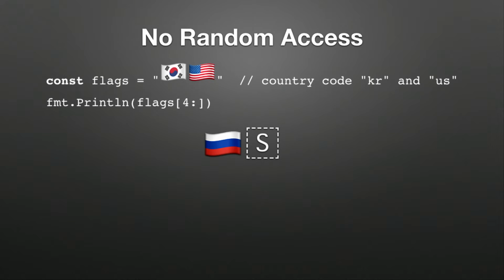What happens is that flags are actually represented by 2 code points, one for every letter in the country code that the flag represents. So if you skip the first emoji, you skip the K, but not the R, so you'll have R and U, which is Russia, and then you have an S in a dotted box left, which is supposed to be the start of a new flag.